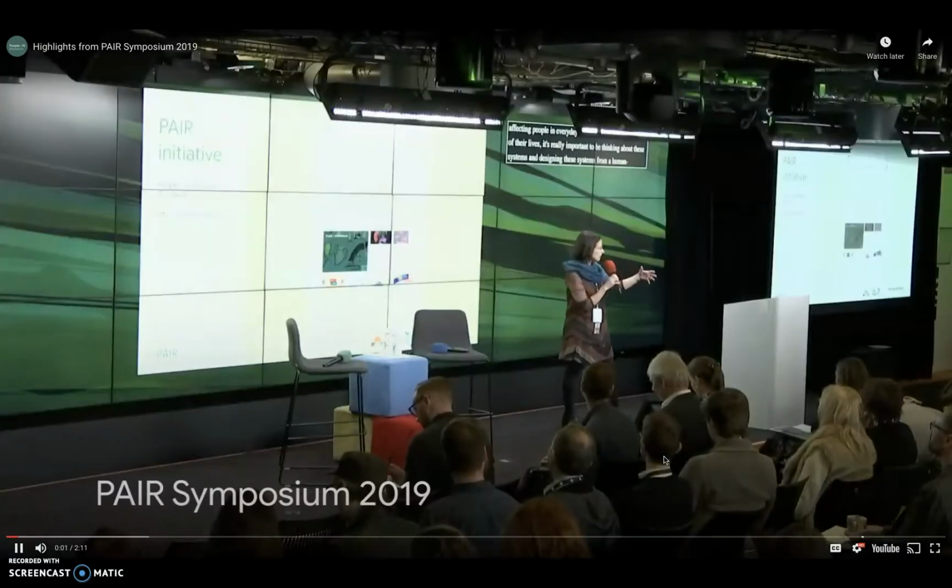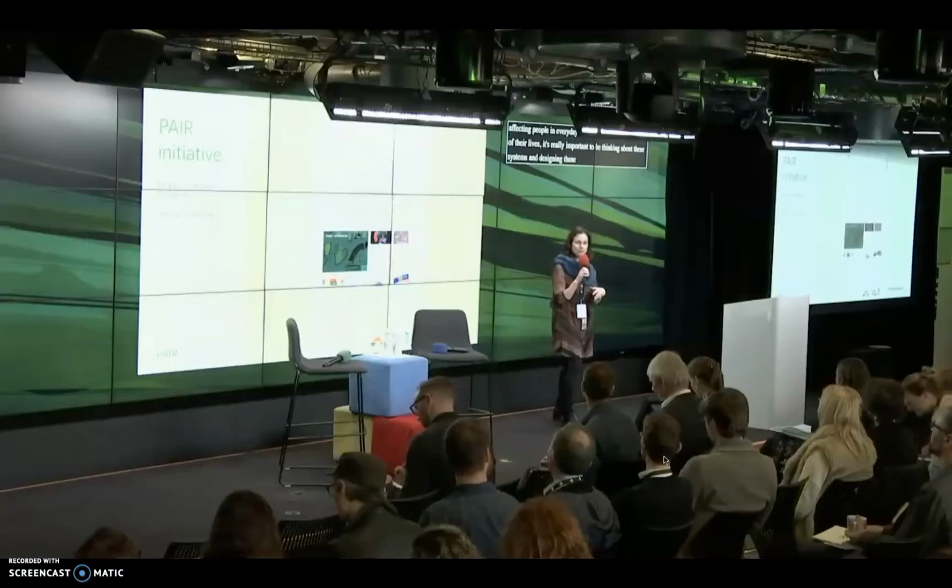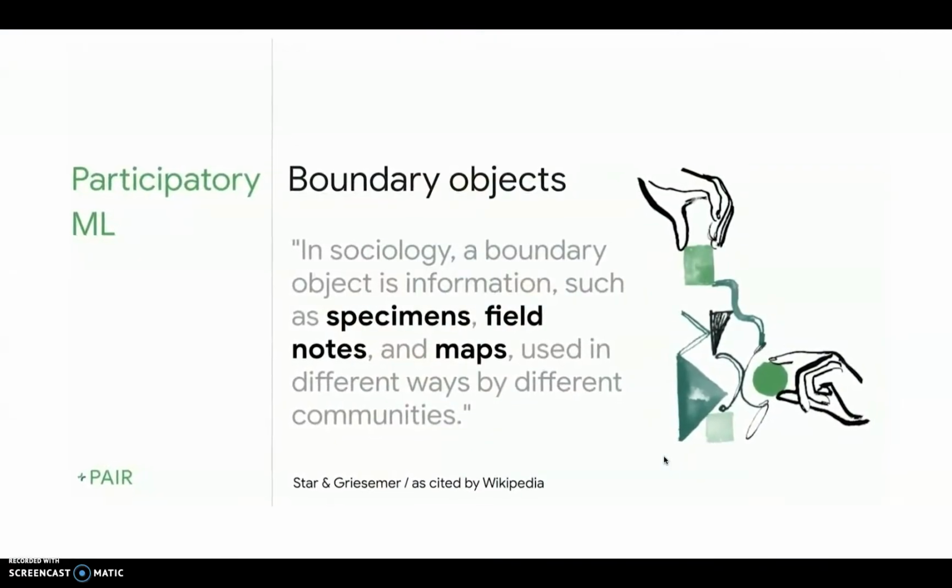When ML systems start hitting the ground and affecting people on an everyday basis, many different aspects of their lives, it's really important to be thinking about these systems and designing these systems from a human-centered perspective. And so one of the main things we think about in PAIR is the notion of boundary objects.